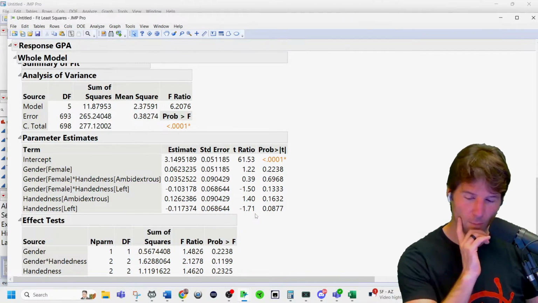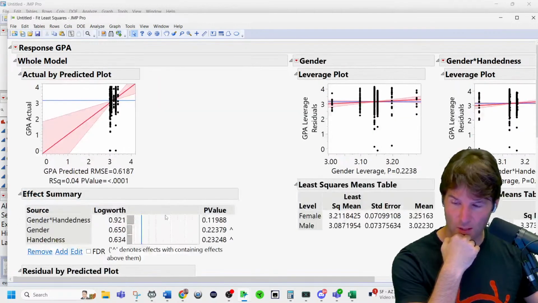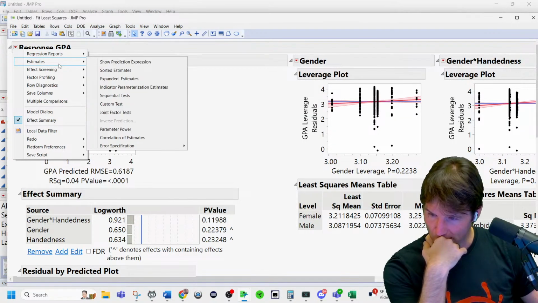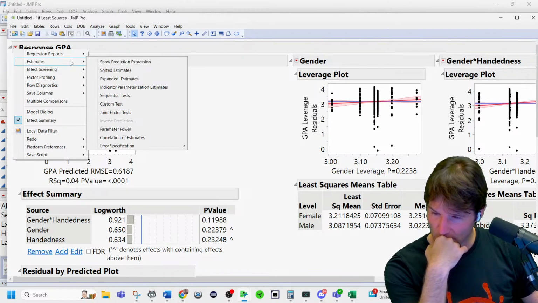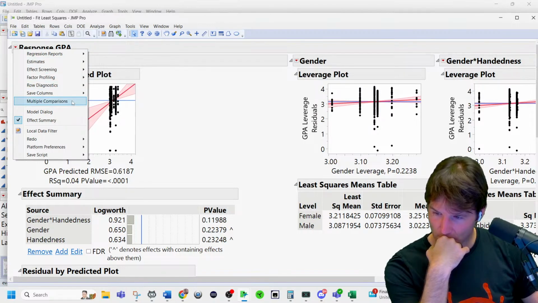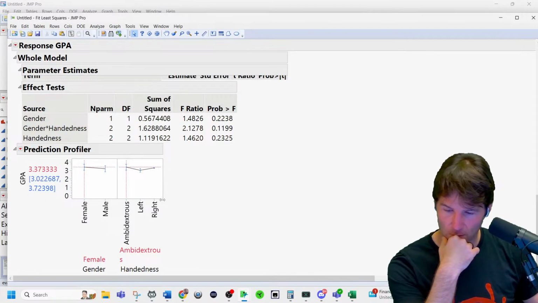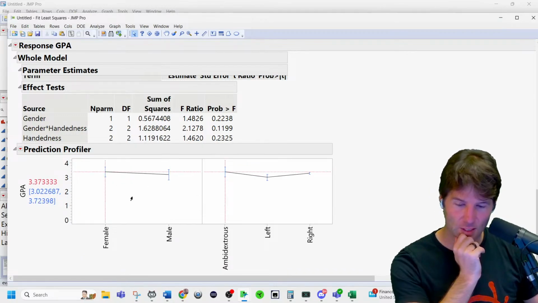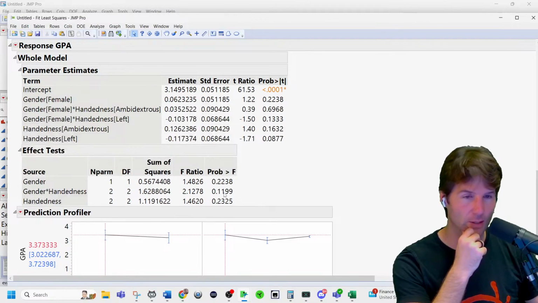It did come out with the model being significant, but the differences are not significant. Let me look at the full report. This is what we do. Effect screening. Where's the follow-up? I'll do the factor profiler. Here you go. So you go male. See, look, and then there are the interactions. So there you can see it all, but the differences are not statistically significant.